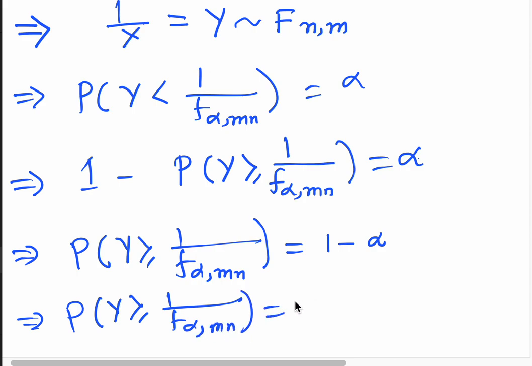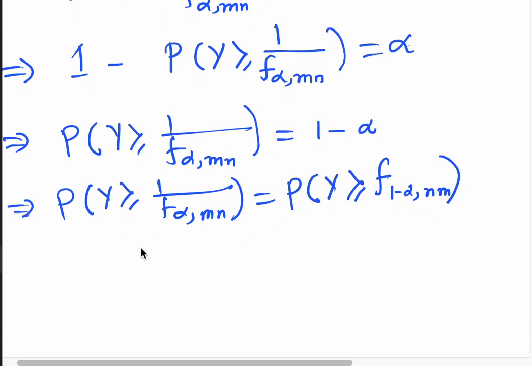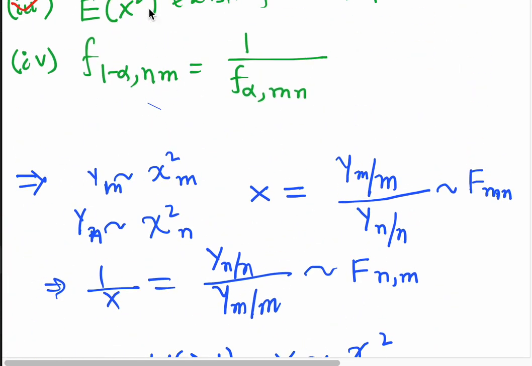So this is nothing but the probability that y is greater than F of 1 minus alpha n m. So from these two equalities we have that 1 minus F of alpha m n is nothing but F of 1 minus alpha n m. So the fourth statement is also true. So all four statements are true here.